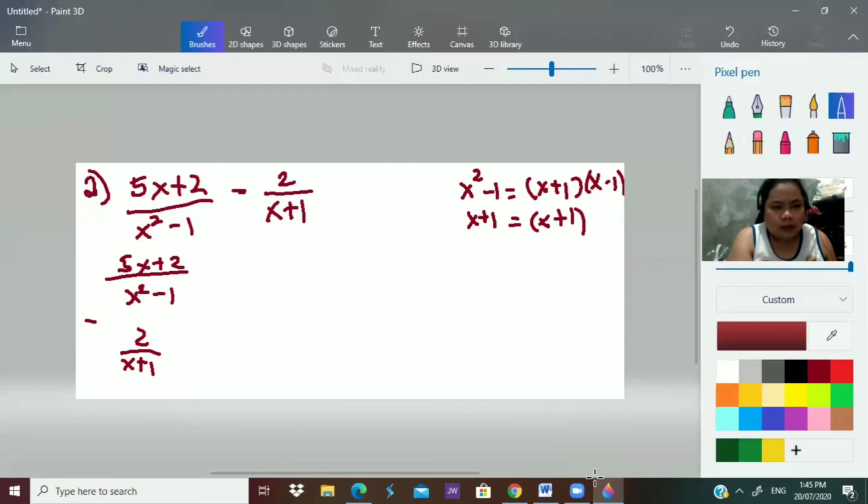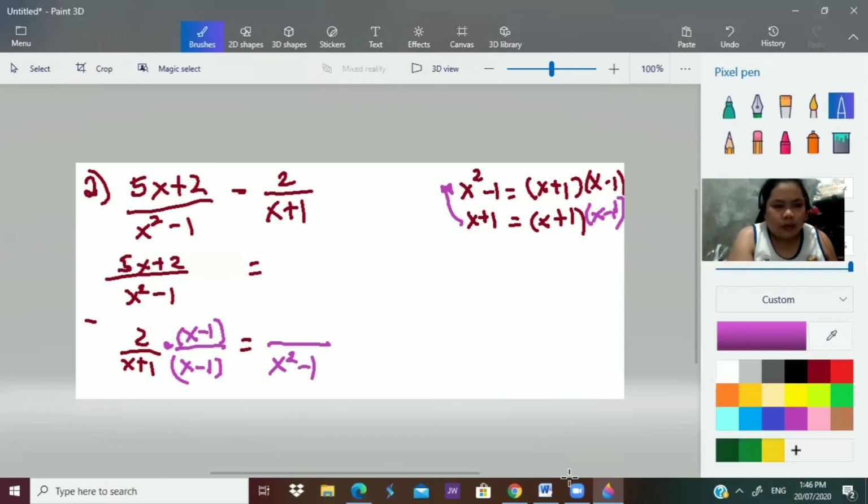So, minus. Okay. Now, si x squared minus 1 ay mayroon ng x plus 1. Okay. So, si x plus 1 ay pwedeng maging x squared minus 1 kung mayroon kang multiplier na x minus 1. So, ibig sabihin, magkakaroon tayo dito ng multiplier na x minus 1 para maging similar fractions tayo, para maging x squared minus 1 siya.